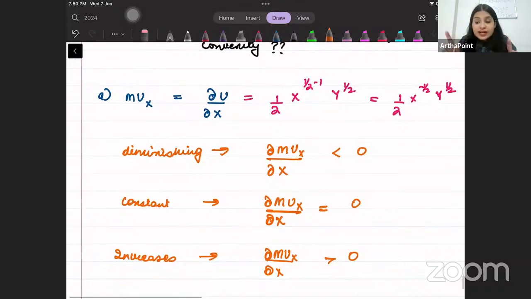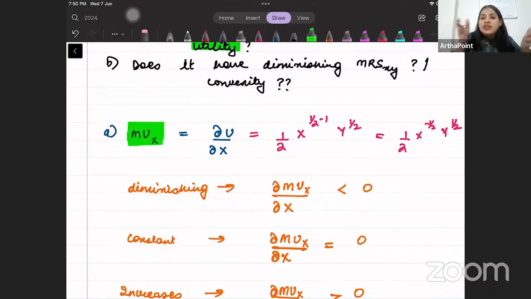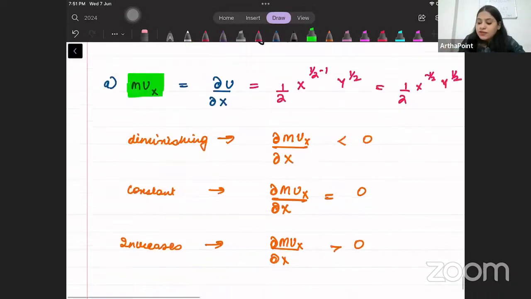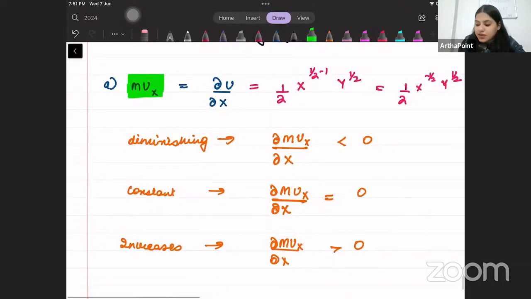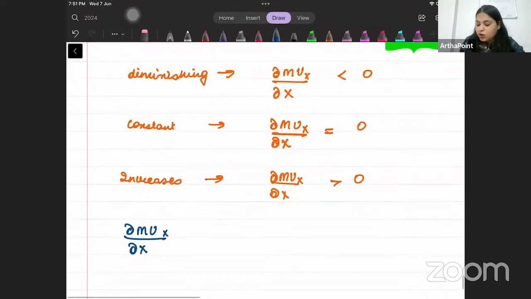But for that, many students will just look at the sign of this. Now, this is just marginal utility. To move one step ahead to check whether it diminishes, increases, or is constant, I should be differentiating this again with respect to X. And when I do that, what do I get?